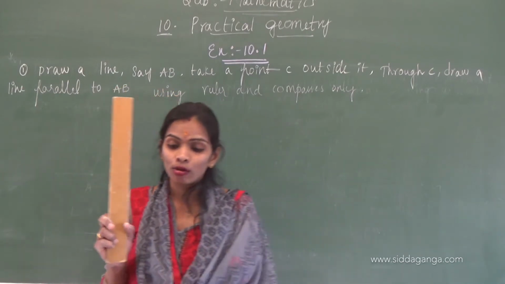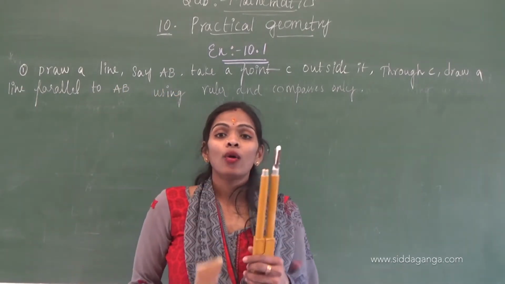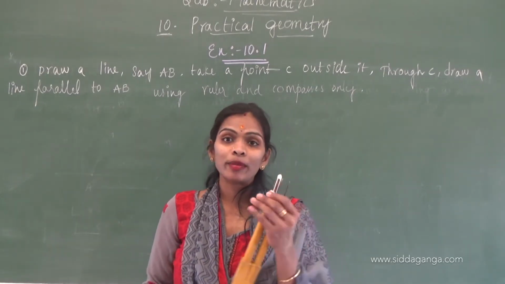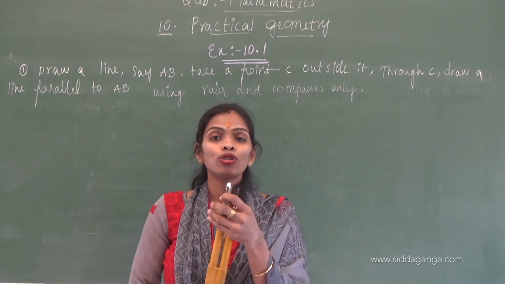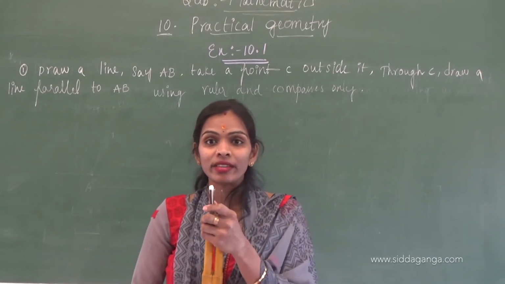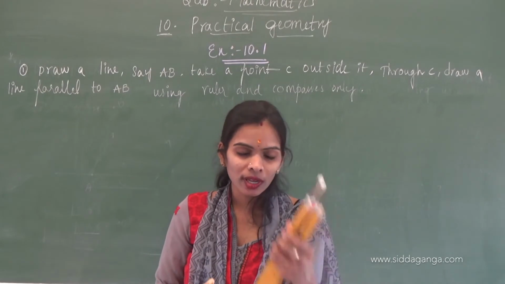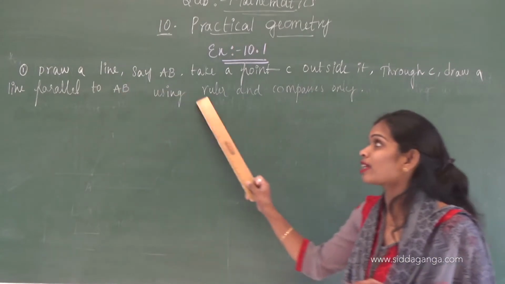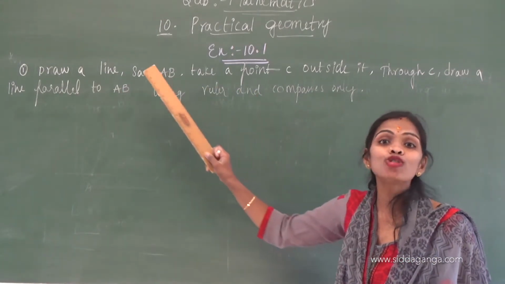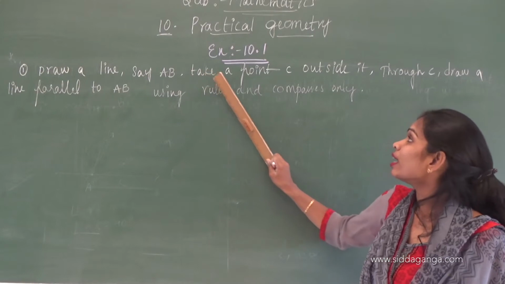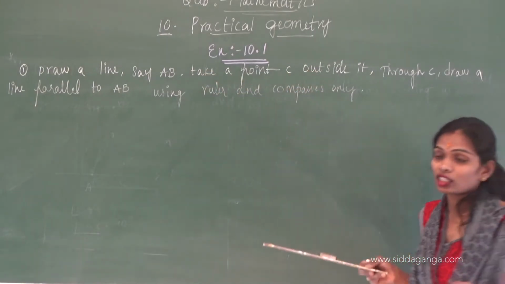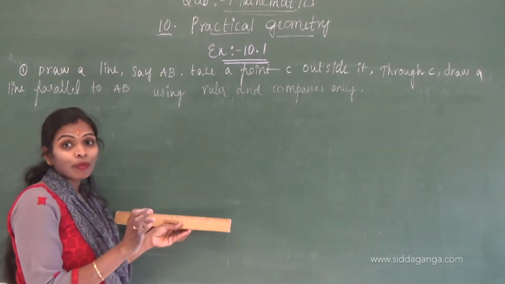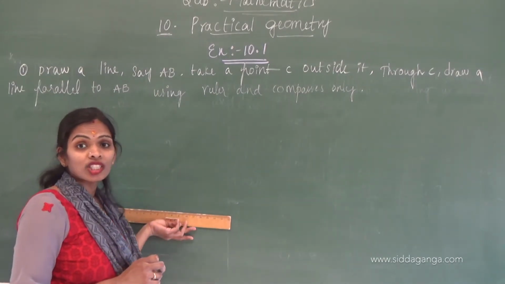Okay children, first we have to take one ruler and one compass. Adjust the pencil measurement in the compass, as we already told you, children, how to adjust it. First, what are they telling in the question? Draw a line segment, say AB. We have to draw a line segment with unknown measurement, as they are not telling the measurement.